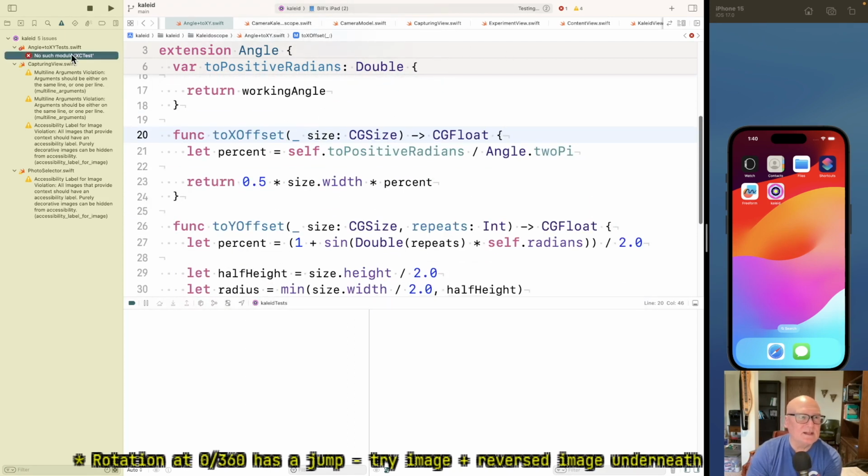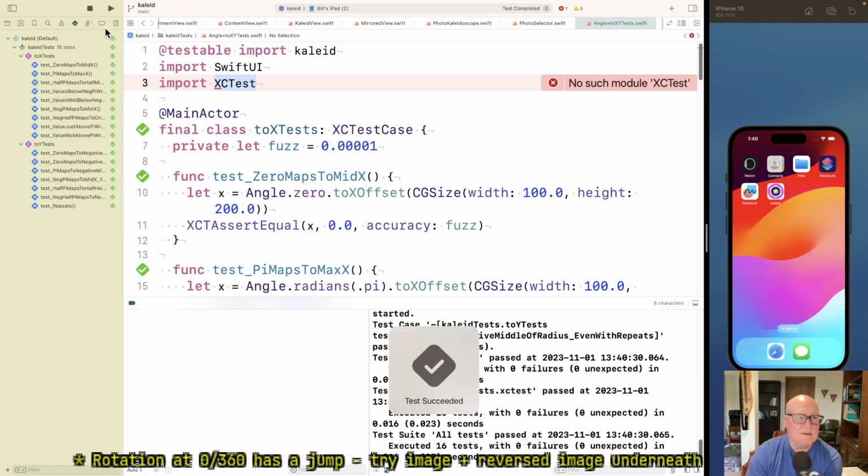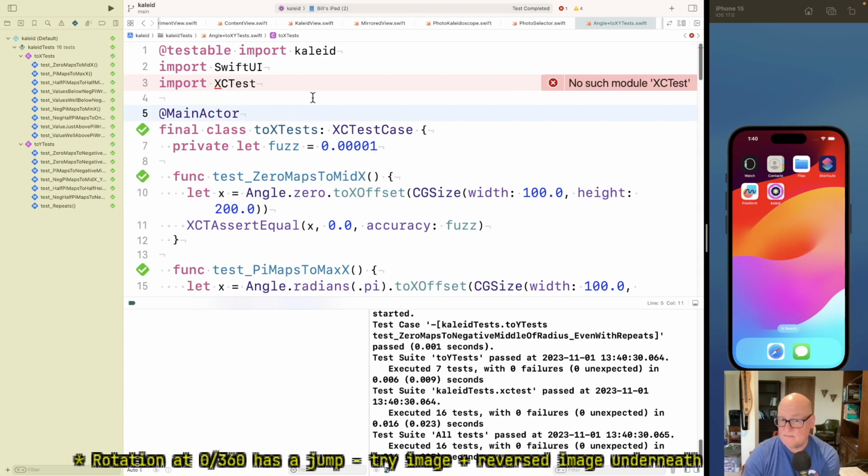Oh, and there we are with XC test. Boy, when it's failing every other time, there's some dependency issue, but XC test there should be no problem importing that. That's a standard, and it runs. So I think the compiler's a little off. Okay, but those tests run.